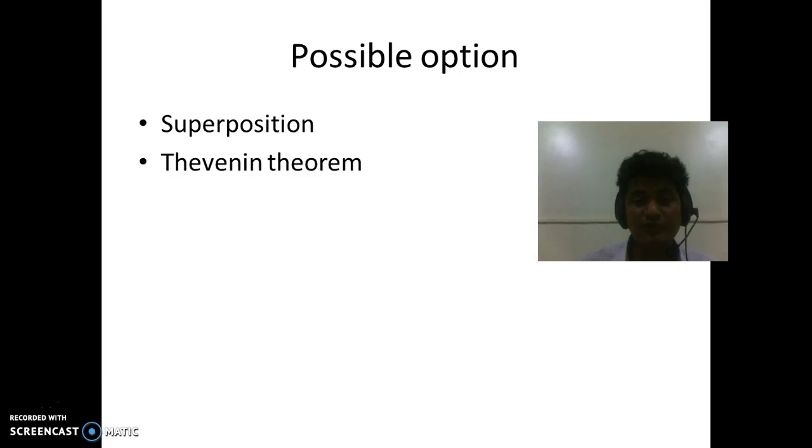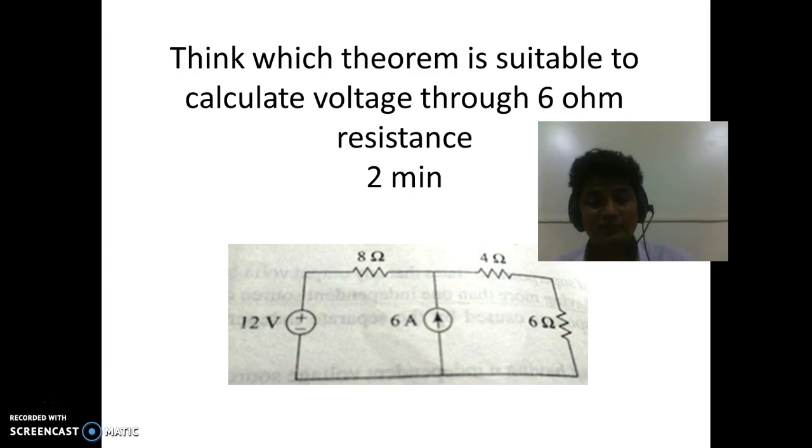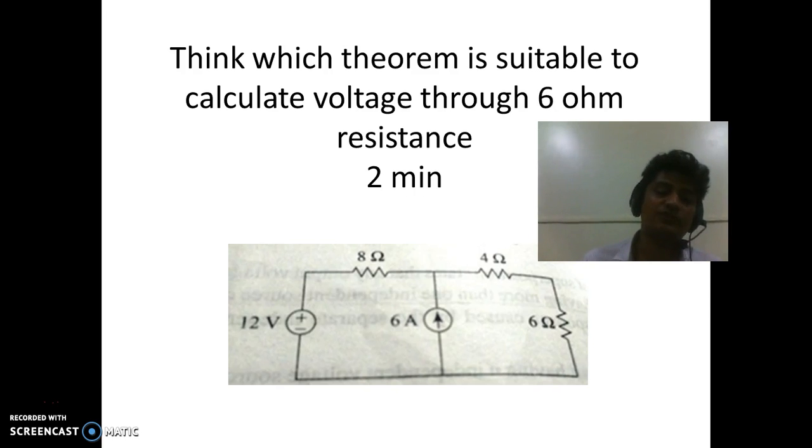So we can go with our first option, the superposition theorem. We make one source active at a time, either the 12 volt battery or the 6 ampere source, and the other source is replaced by its internal resistance, that is, the current source will be open and the battery will be shorted. So using the superposition theorem you'll get the voltage across the 6 ohm resistance.